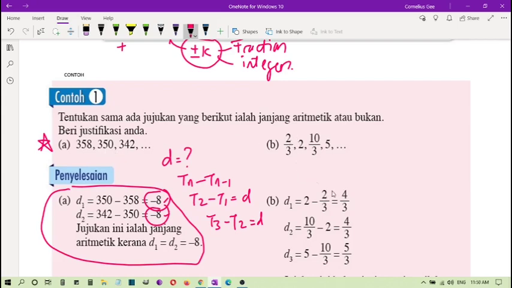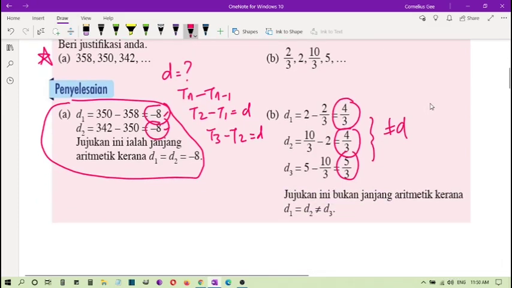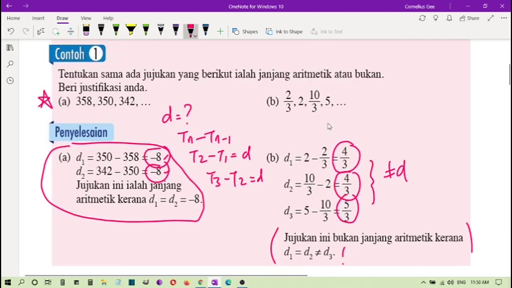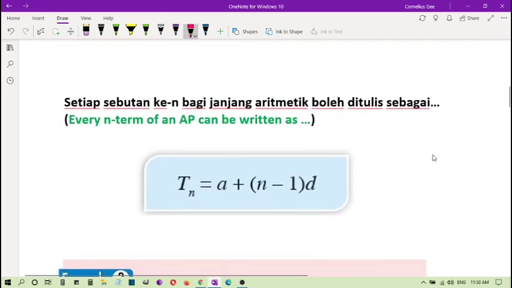For this one, you can see that the common difference is 4 over 3 and 5 over 3, which means that the common difference is not the same. Then the conclusion is that this sequence is not a JA. Okay, so very simple, quite easy.